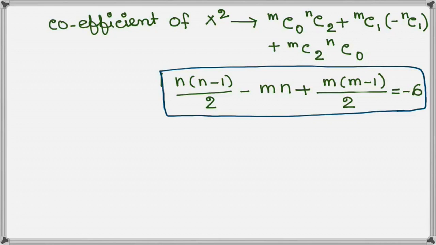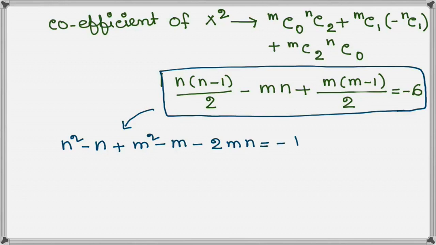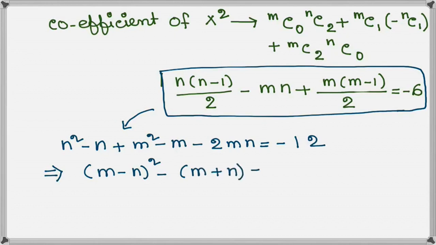After simplifying, we get n square minus n plus m square minus m minus 2mn is equal to minus 12. So we get (m minus n) whole square minus (m plus n) is equal to minus 12.